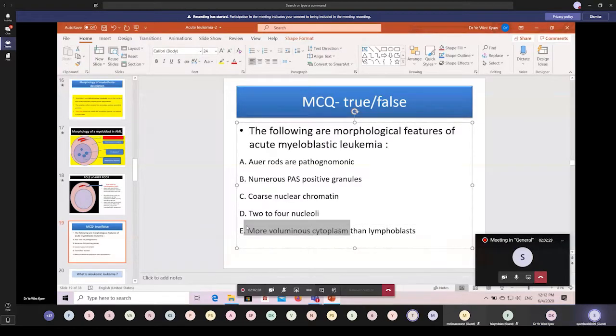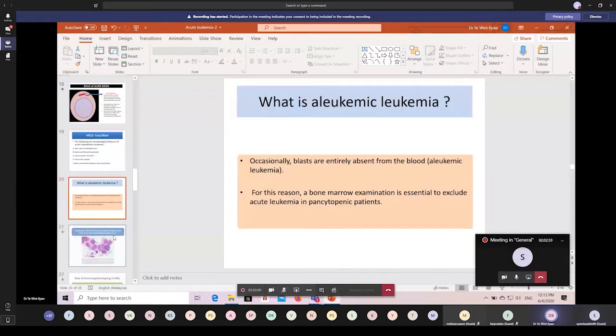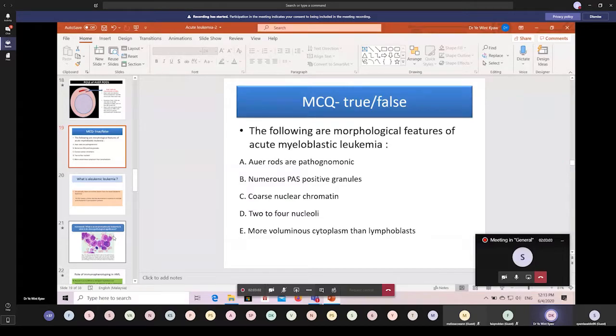E, true or false? True. You should look back at the lecture. Is it true, Doctor? Yeah, true. Very easy, just straightforward questions. So C also true, delicate is different. And B also false; B should be myeloperoxidase, not PAS. PAS is what? ALL.